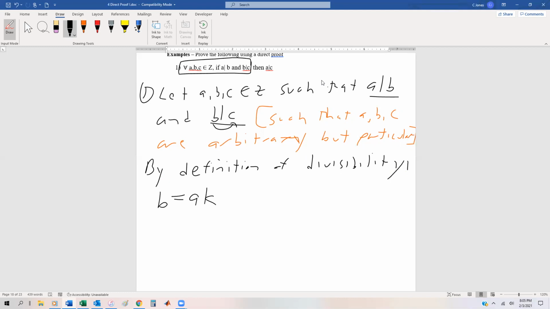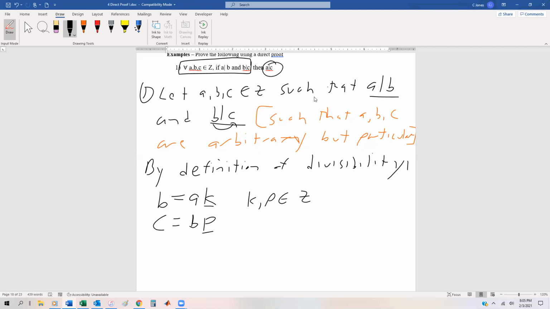That means that C is equal to B times another integer. Since B is a factor of C, we could say that C is equal to BP or something of that nature. Now we introduce two new variables. So we're going to say K and P are elements of the integers, right?